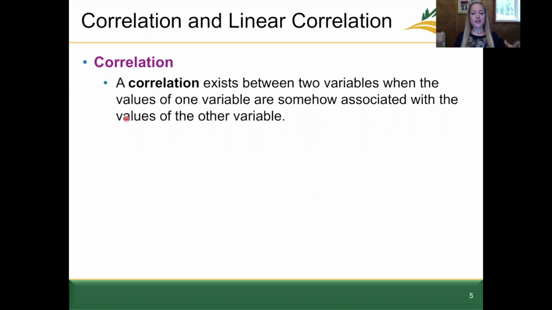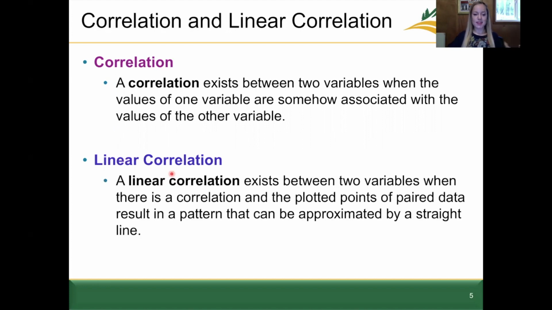Now, correlation is the broader term, and as I mentioned in 10.1, we're focused on looking at linear correlations. Similarly, but more specific than a general correlation, a linear correlation exists between 2 variables when there is a correlation and the plotted points of paired data result in a pattern that can be approximated by a straight line.